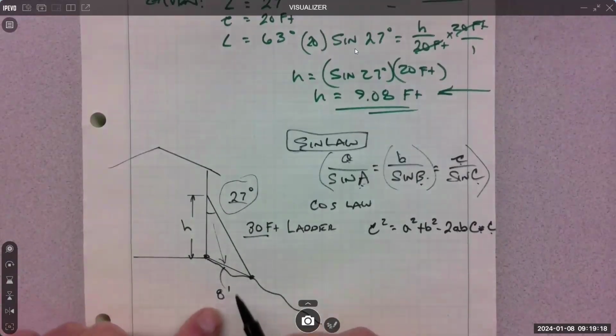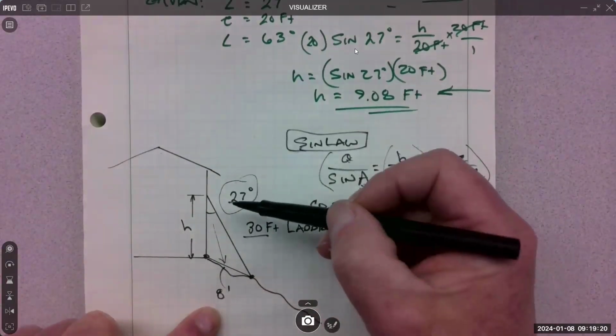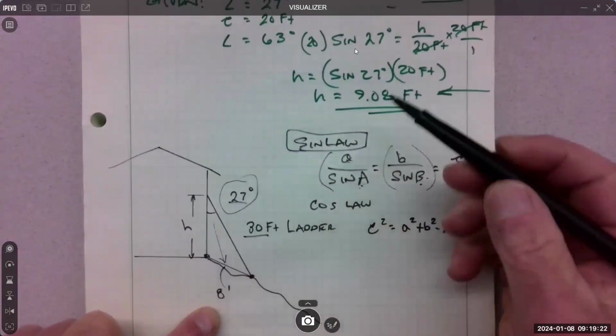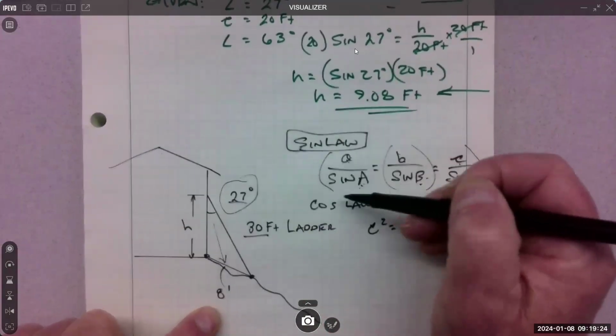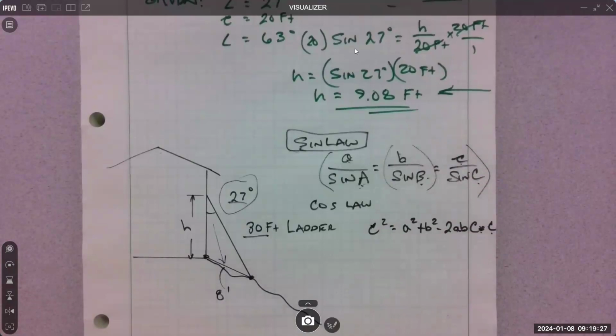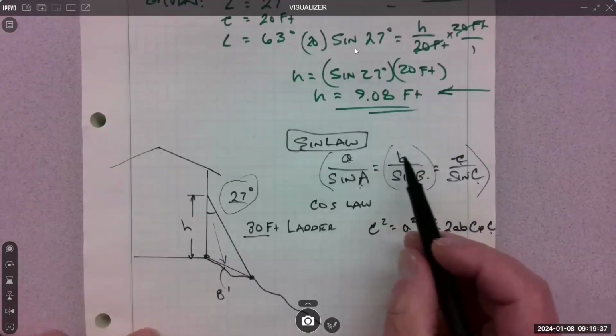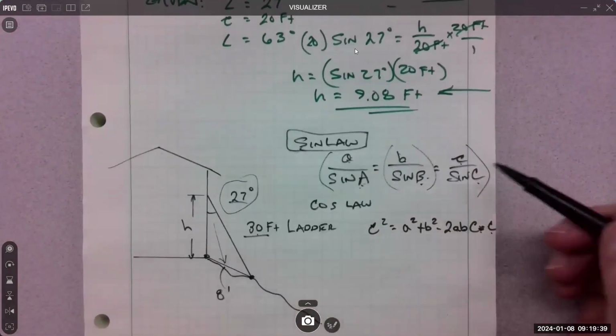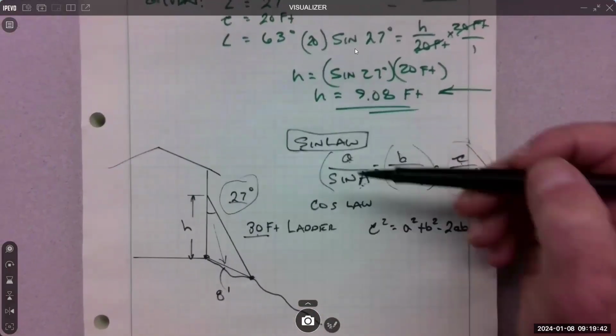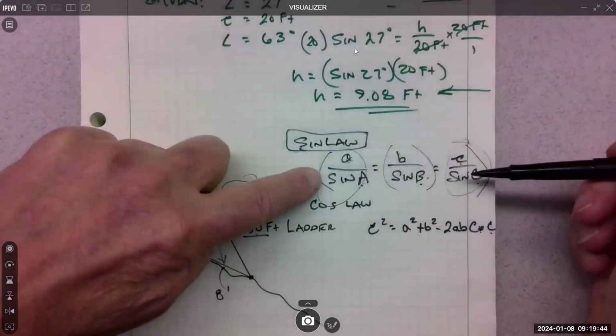So I should be able to say, okay, 27 and 8 is maybe my A. And again, A, B, and C, you don't have to get too wrapped up in that. C is the long side typically, but A and B can be either side. It doesn't matter. Okay, so I'm gonna use the 30 feet, so I'm gonna use this C function and I'm gonna use this A function. Those are the two I'm gonna use.